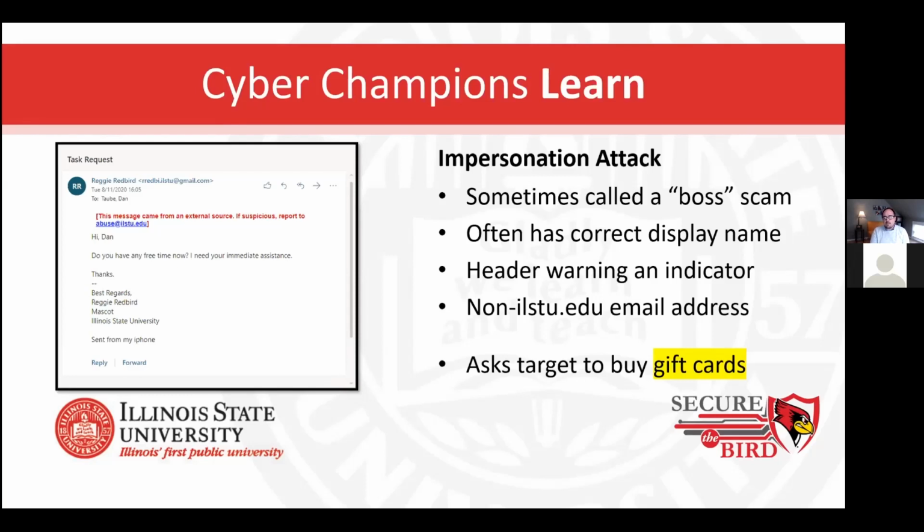It's trying to make it look legitimate, but you really need to consider whether or not that's the real person's email address. A lot of times, if you were to respond to this, engage with this person, it'll end up with them asking for your cell phone number and then eventually asking you to buy some gift cards to either help them with something because they're in a meeting or unavailable right now.